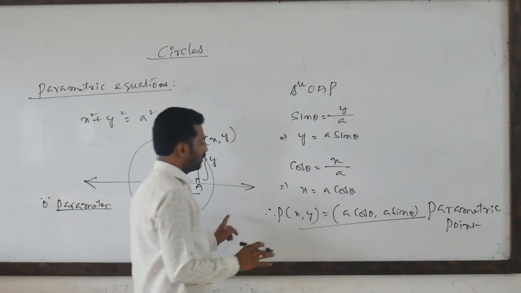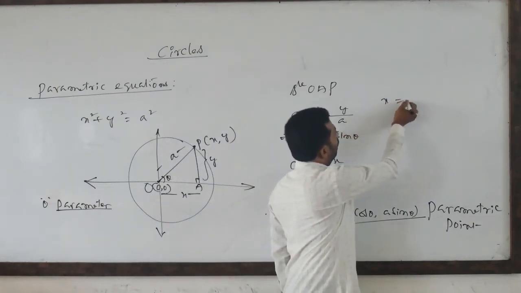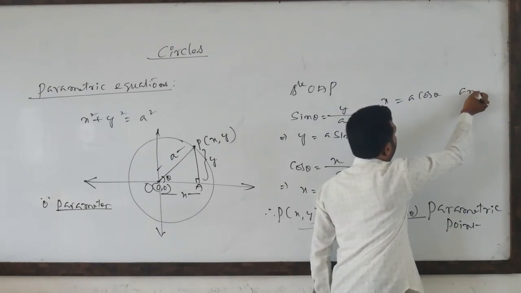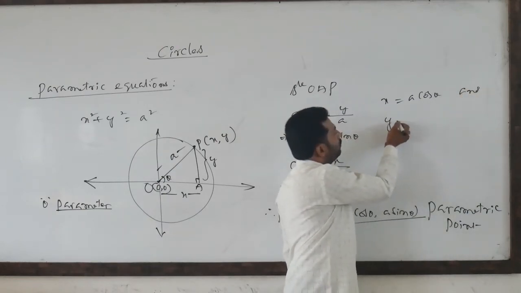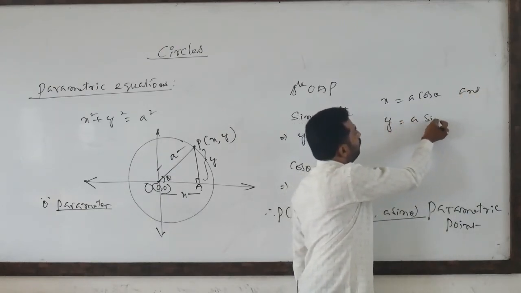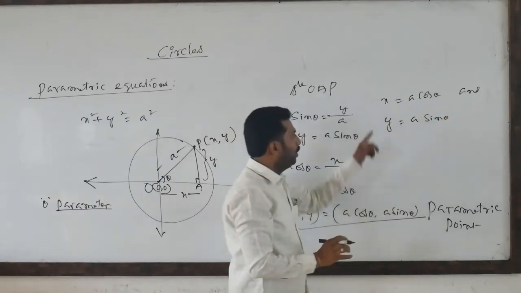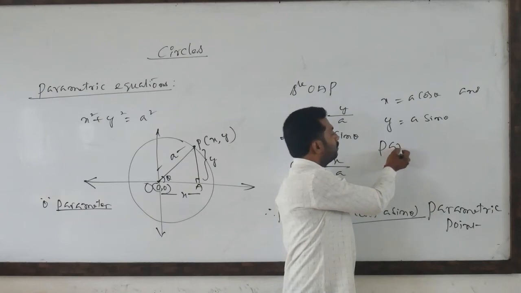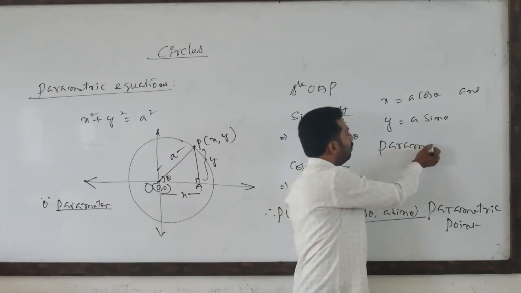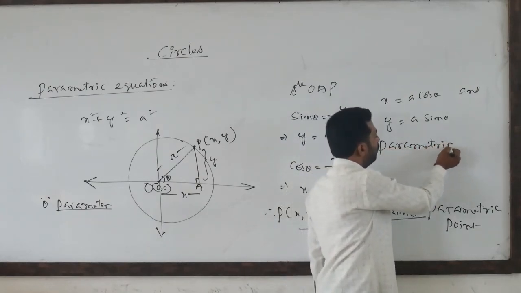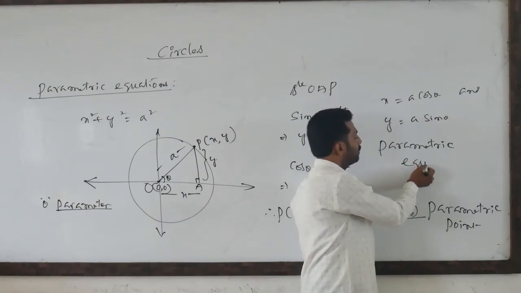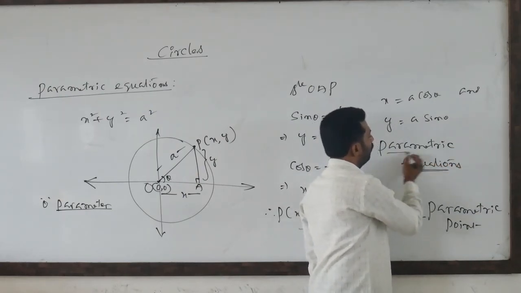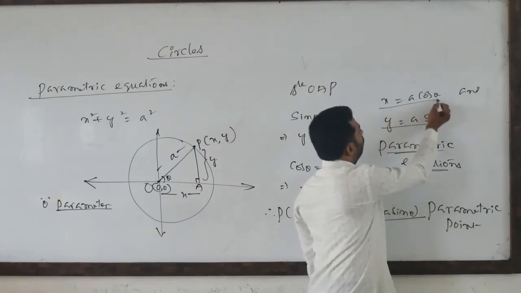The equations x equal to a cos theta and y equal to a sin theta, these two equations are called parametric equations. So you remember, these two are called parametric equations.